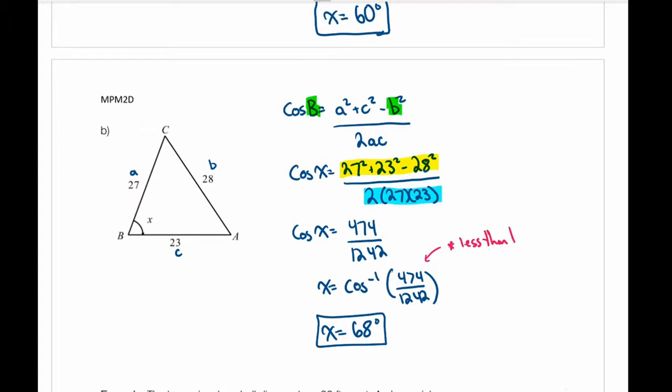So we know we're on the right track with our calculations, or our denominator is larger than the numerator. So that's a good thing. It's a good check. So that's how we solve for a missing angle using the cosine law. With cosine law, I think the calculations are fairly straightforward. The hardest part is going to be making sure you've used the correct formula, or you've entered the information in the correct spots.